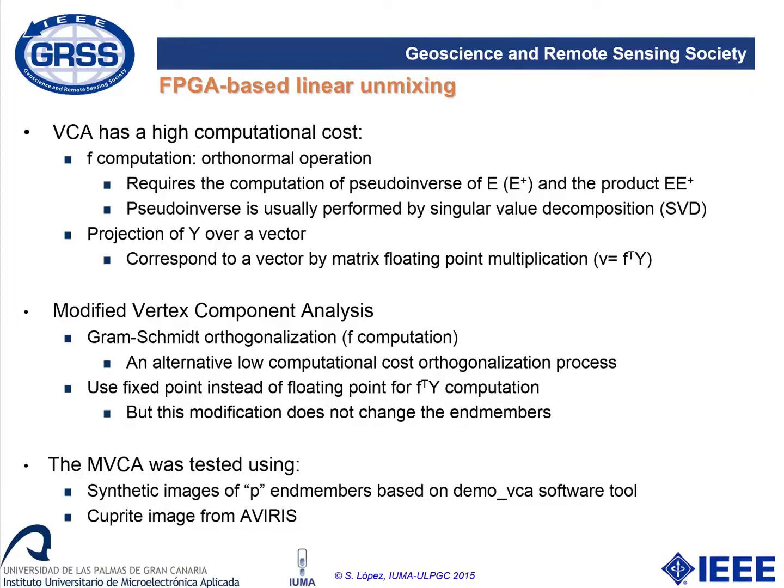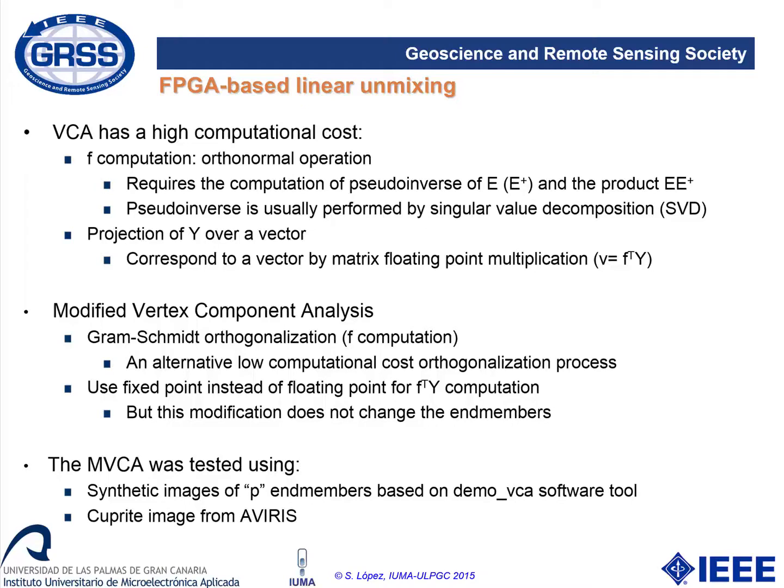And what we did is to create a new algorithm that we entitled Modified VCA, MVCA, in which the computation of the f vector is done by another orthogonalization strategy, in particular by using the Gram-Schmidt algorithm, which gives us a very low computational cost solution for finding an orthogonal vector in each iteration of the loop. In fact, this operation only involves very simple operations like additions, multiplications and divisions.